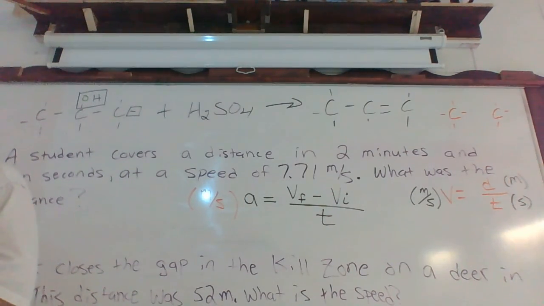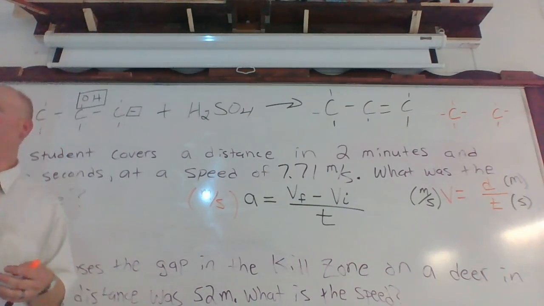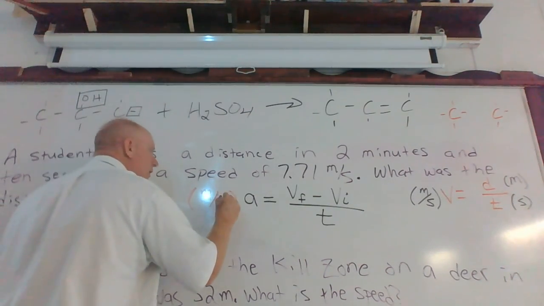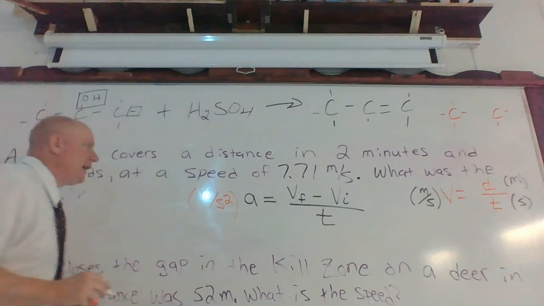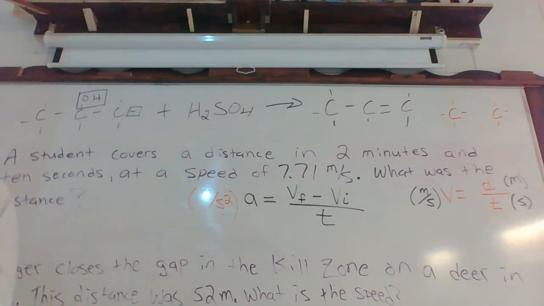It's not cubed, but squared. And how do you denote something is squared? Put an exponent of 2. So meters per second squared is not a velocity. It is an acceleration. Okay?